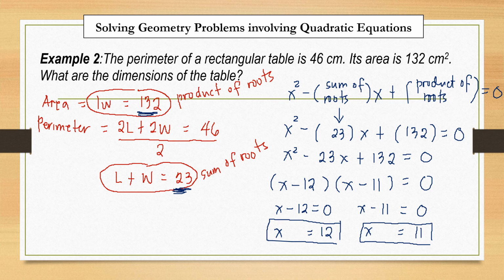With the obtained roots of the quadratic equation, the length and the width are 12 centimeters and 11 centimeters respectively. So the dimensions we have: length is 12 centimeters and width is equal to 11 centimeters.